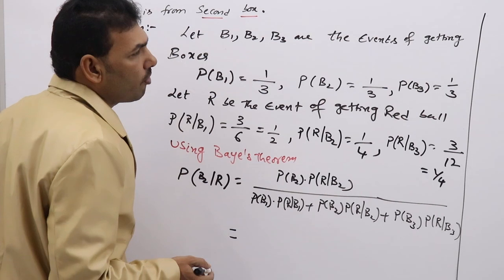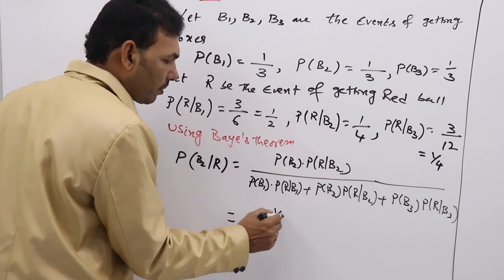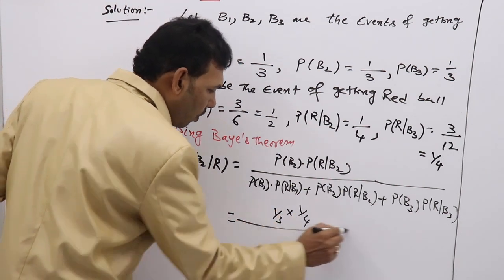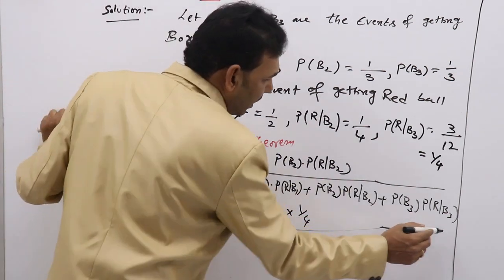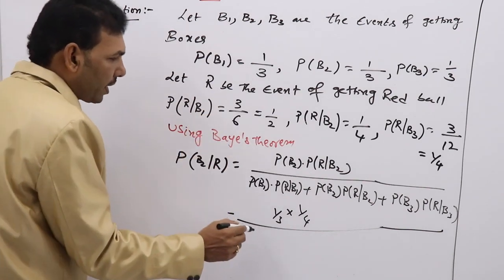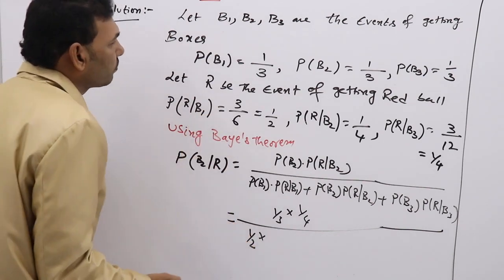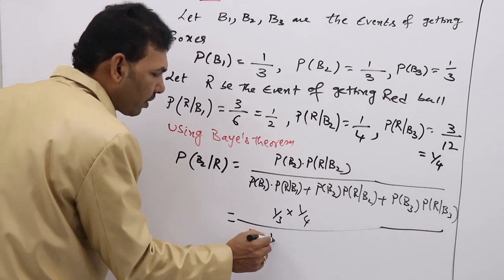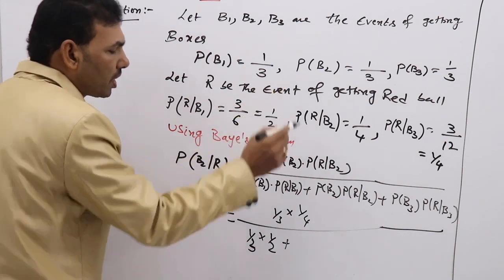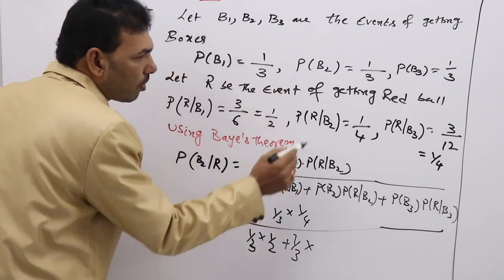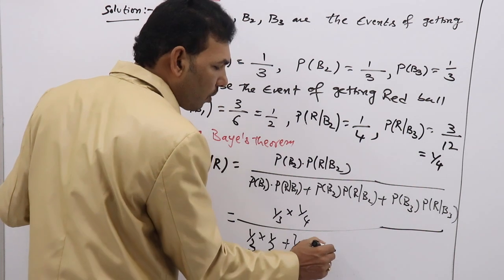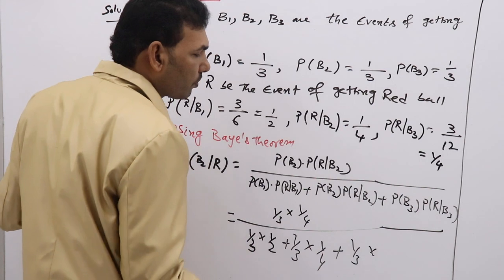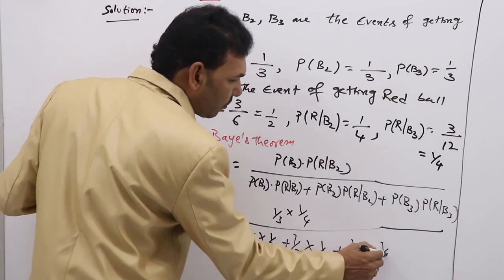Probability of B2 is 1 by 3, into probability of R given B2, 1 by 4. Probability of B1 is 1 by 3, probability of R given B1 is 1 by 2; probability of B2 again 1 by 3, probability of R given B2 1 by 4, plus probability of B3 1 by 3 again into probability of R given B3, 1 by 4.